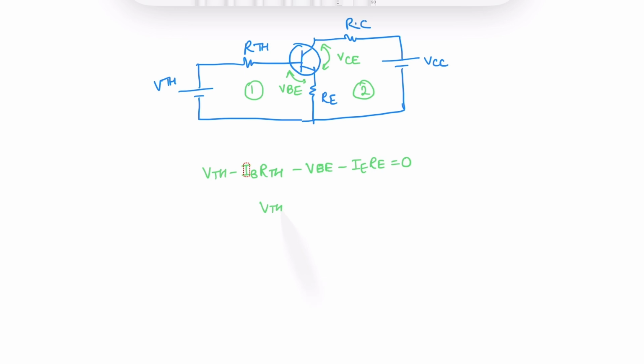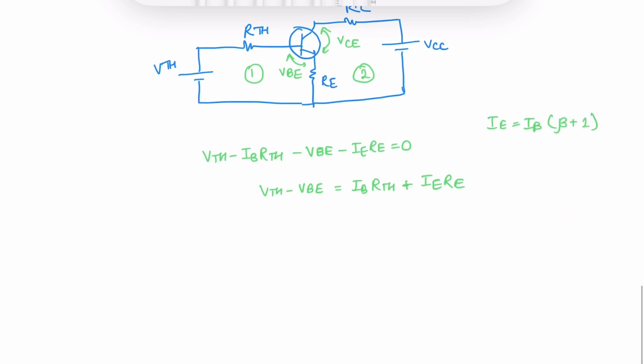So VTH minus VBE is equal to IB RTH plus IE RE. And we know that there is a relation between IE and IB: IE is equal to IB times beta plus 1.